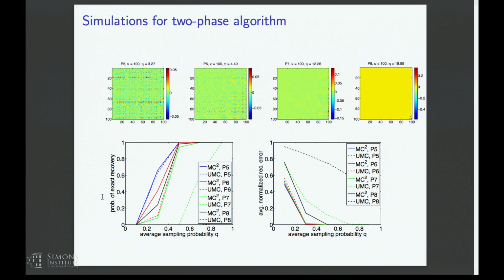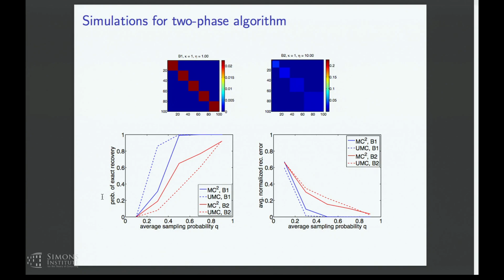So even when the condition number is 100, the two-phase sampling results in the ability to complete a low-rank matrix from many fewer samples than uniform sampling. And the plots almost looked unchanged. So this suggests that even this algorithm that we're using doesn't depend on the condition number of the underlying matrix that much.